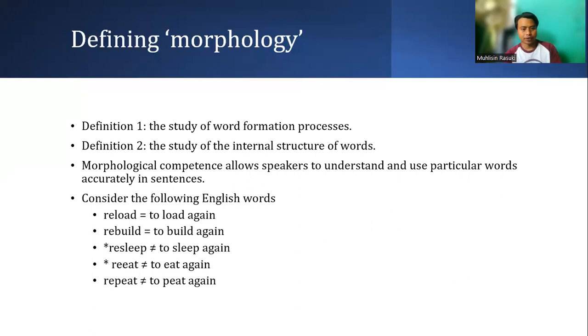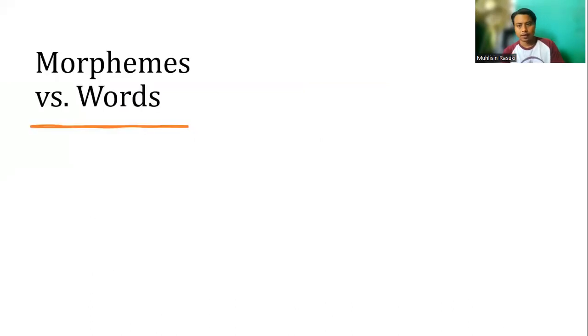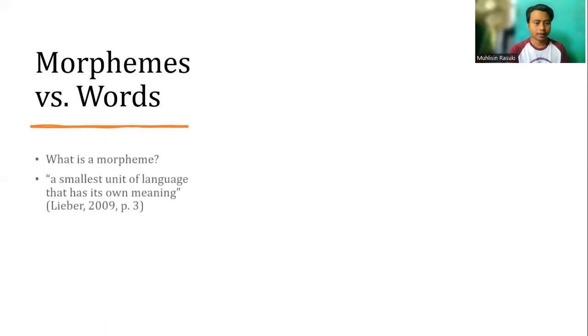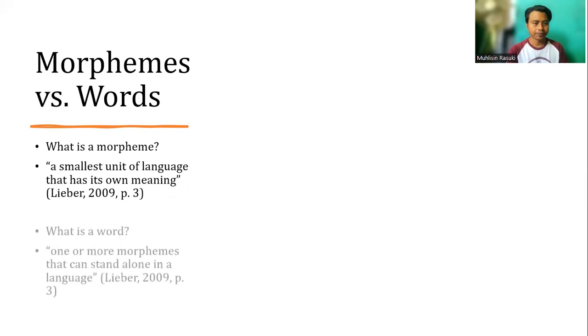So I have already mentioned morphemes and I have already mentioned words. But what do we mean by morphemes and words? Although you may still remember the definitions of these two from the last semester, let's have a look at this again.